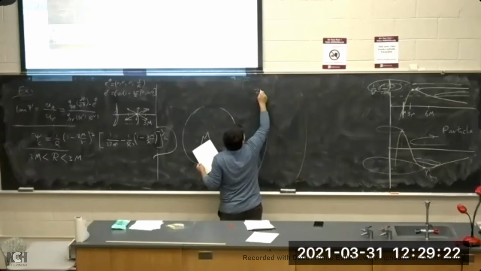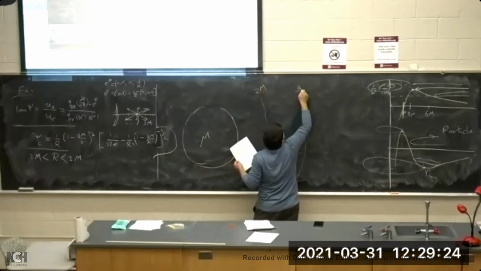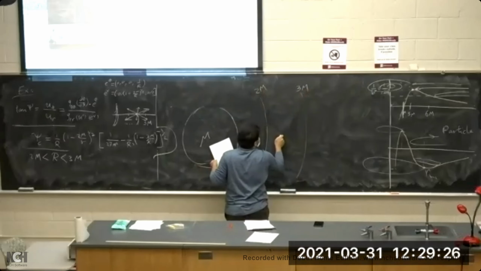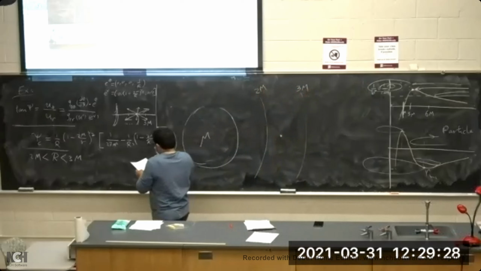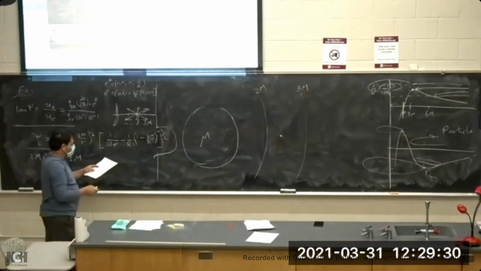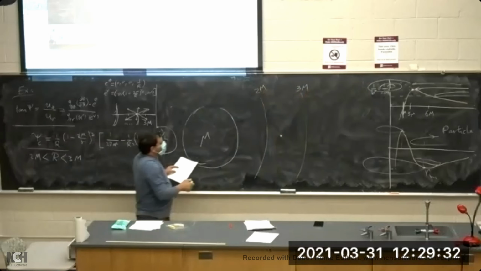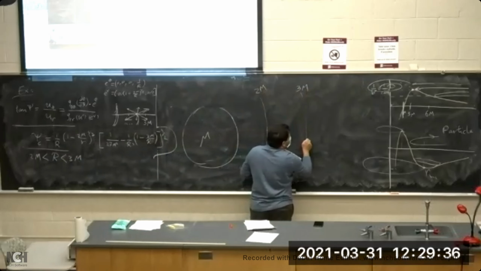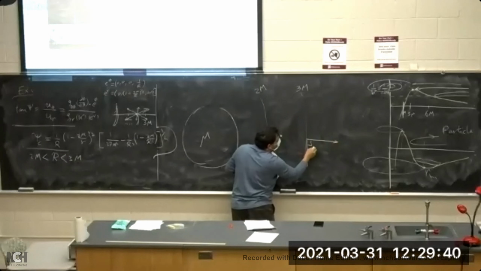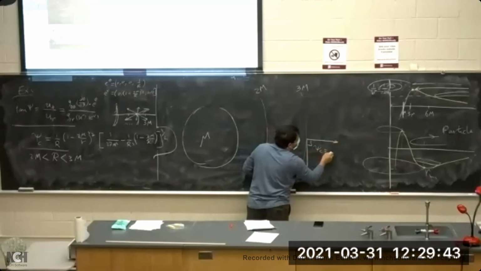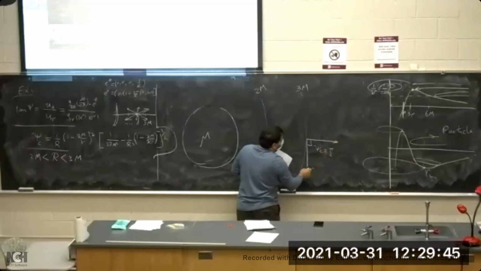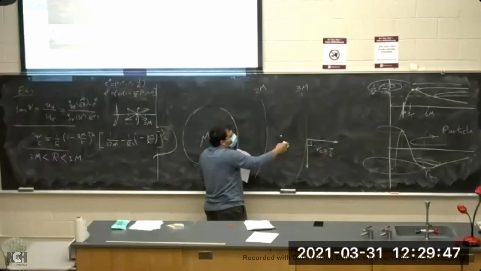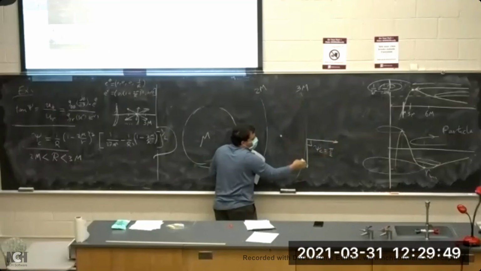This is 2m and this is 3m. Now, for the two limits, if r is at 3m, then the maximum psi c will be pi over 2. So any tangential signal to this surface will escape.